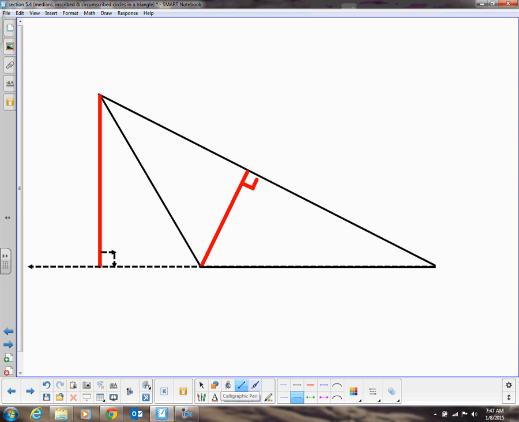Now, if I want to do this next one, if I want to start here, can I be perpendicular inside this triangle? Can I? No. Was that perpendicular? Perpendicular to here? No. All right, so what am I going to have to do again? I'm going to have to take this side and I'm going to have to extend it.